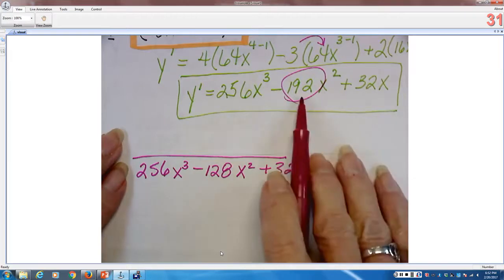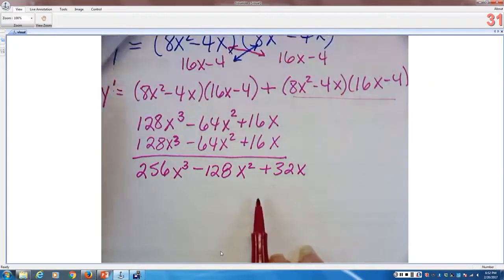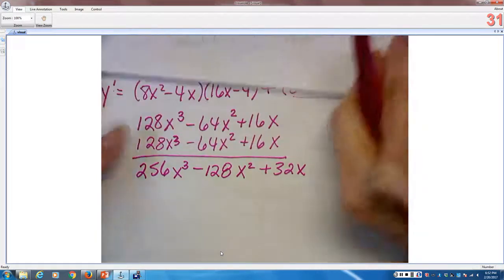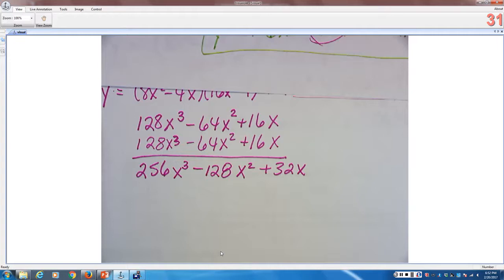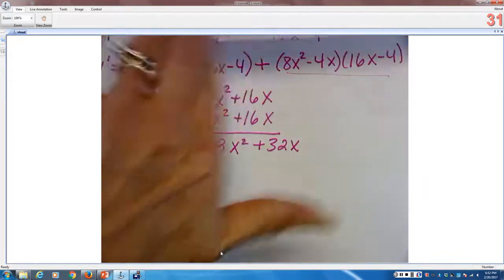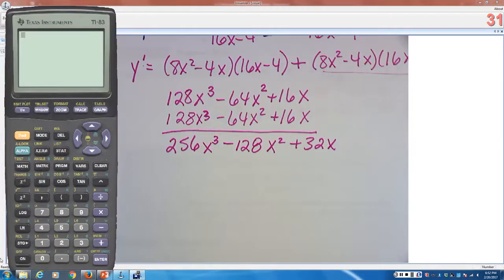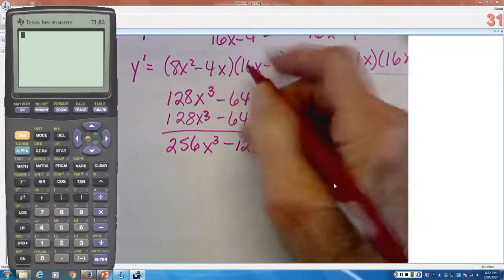But 3 times the 64 should give us the same thing we're getting this way, unless I multiplied wrong down here. 3 times 64 is 192. Time to haul out the calculator. Well, you should have 4 terms, and I think you only did 3 terms. Ah, yes, thank you. I only did 3 terms, you're right.